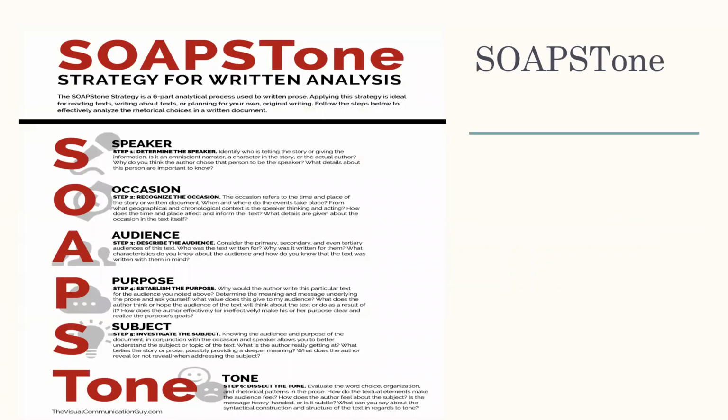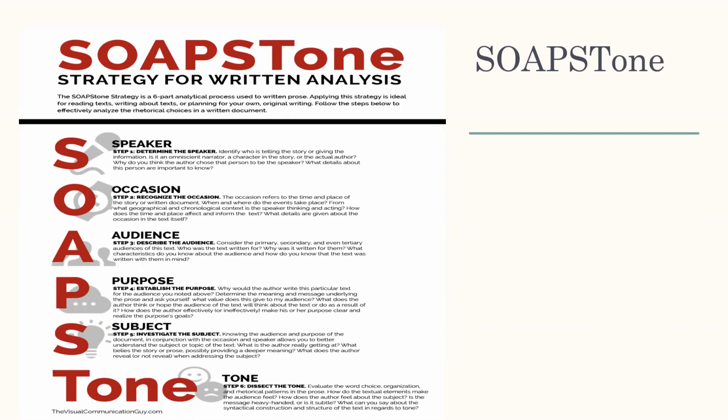As I said, SOAPSTone is mainly an acronym for a series of questions. SOAPSTone stands for: S for speaker, O for occasion, A for audience, P for purpose, S for subject, and tone stands for tone.